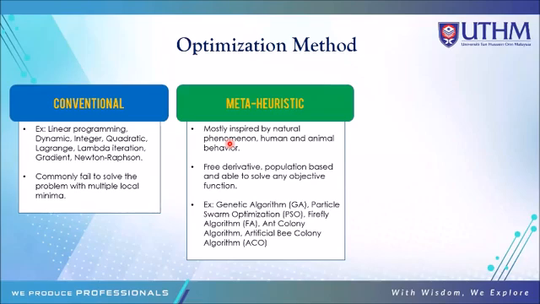Currently, if I'm not mistaken, there is also a coronavirus optimization algorithm, maybe from UTHM, from computer science. I just read that paper. They produced a coronavirus optimization algorithm based on coronavirus behavior.